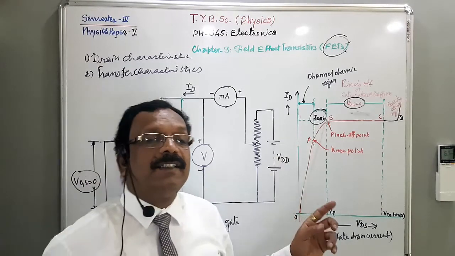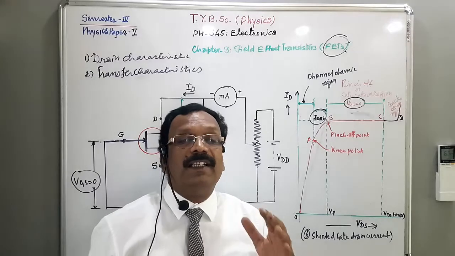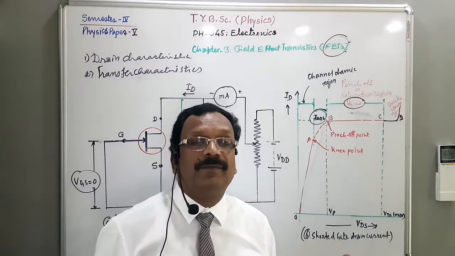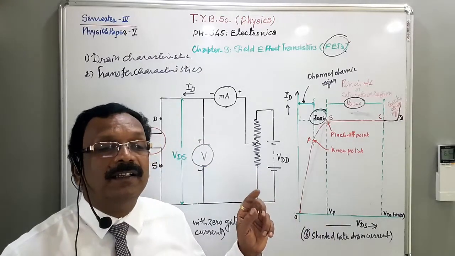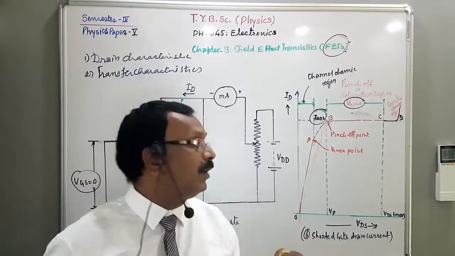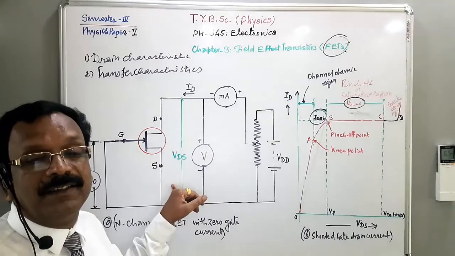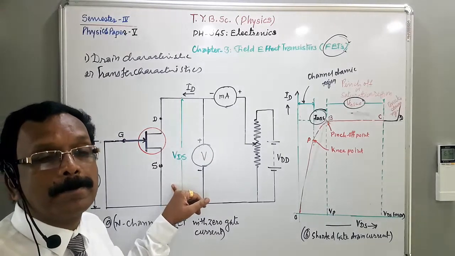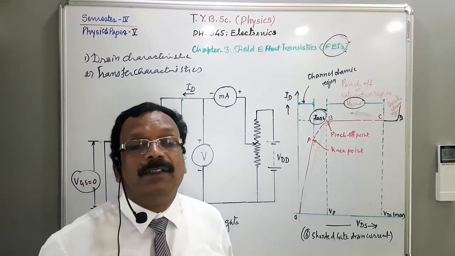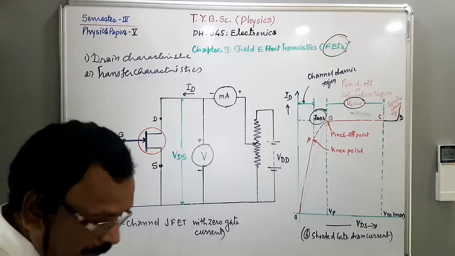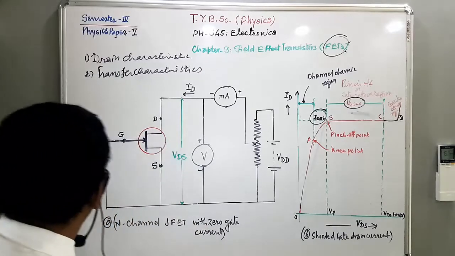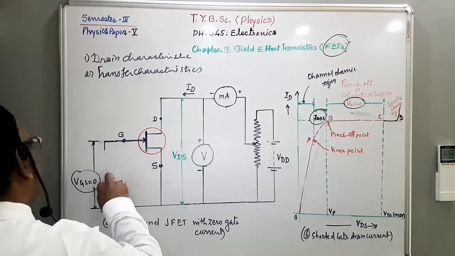The drain characteristics and transfer characteristics of N channel JFET may be obtained by using N channel JFET connected in a common source mode, that is looking like this. Okay. Now we have to make the changes.